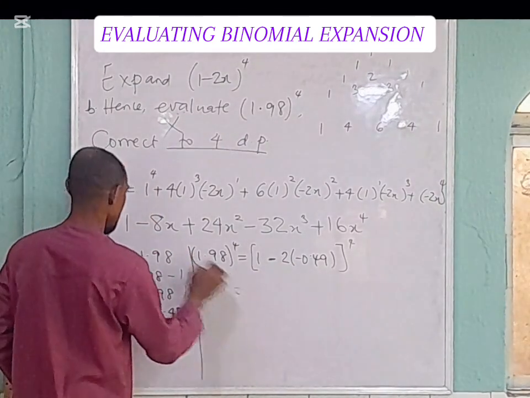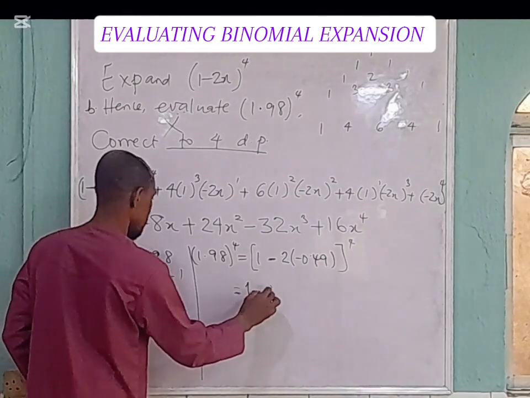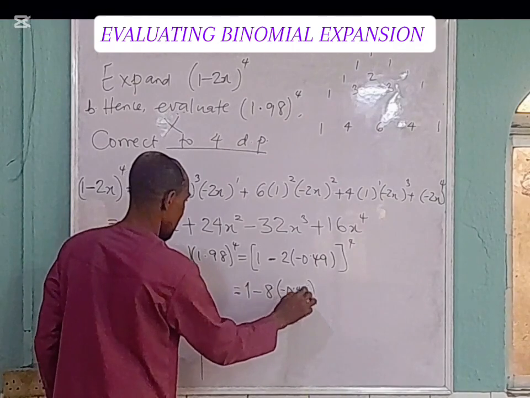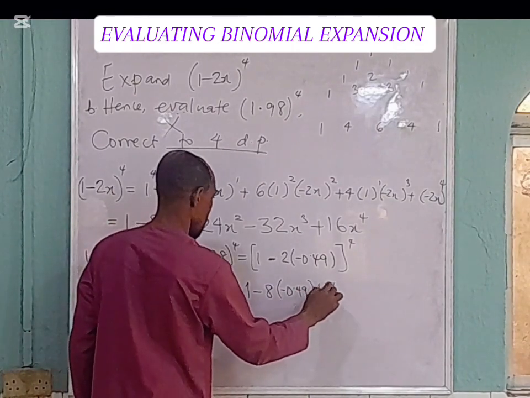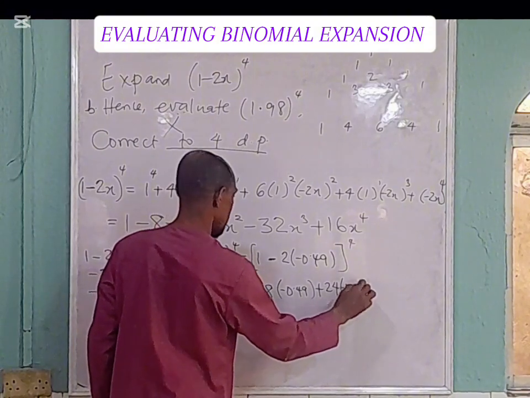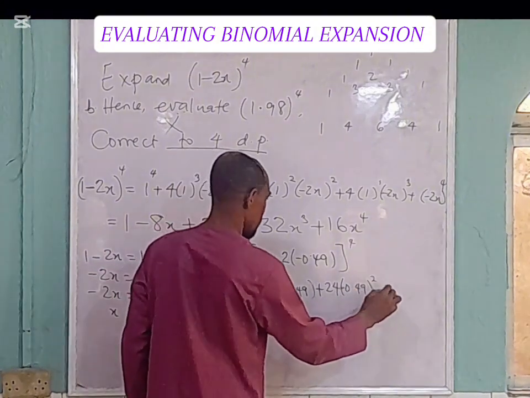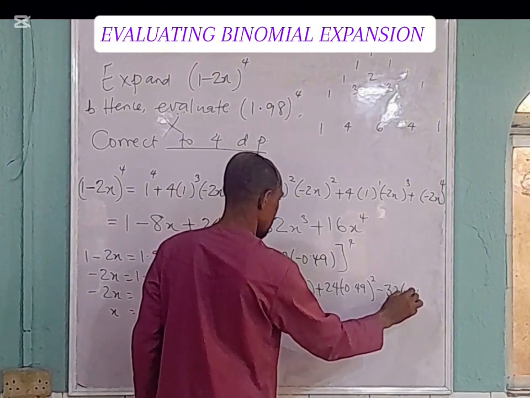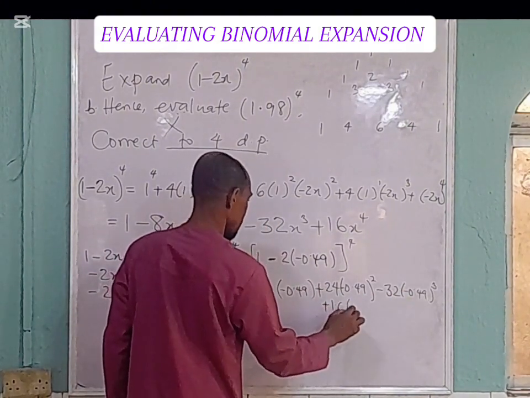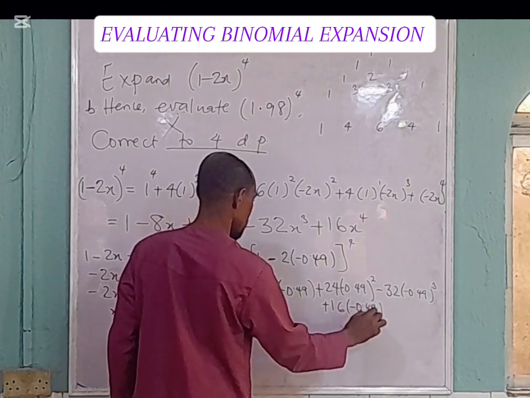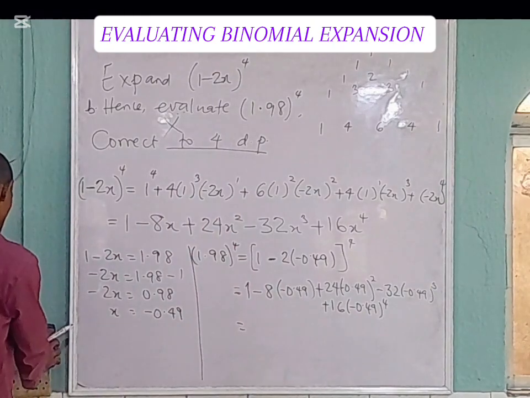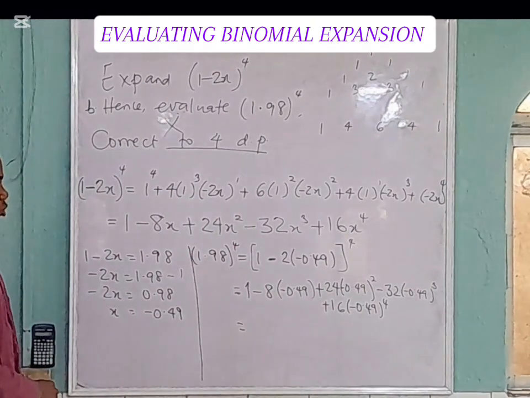And this becomes, in this formula, 1 minus 8 times minus 0.49, plus 24 times minus 0.49 squared, minus 32 times minus 0.49 cubed, plus 16 times minus 0.49 to the power of 4. So that's the actual substitution.